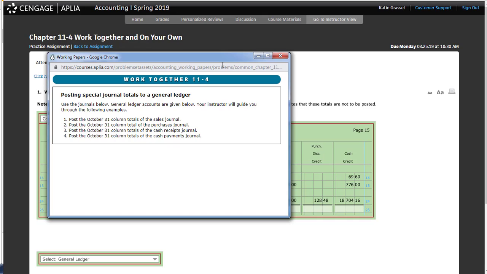General. Okay, the general journal is not listed there because why? We don't have any what? We have accounts in there, but we don't have any special columns that we would post the total for. Everything in our general journal gets posted individually. There are no totals that you would have to post anywhere.